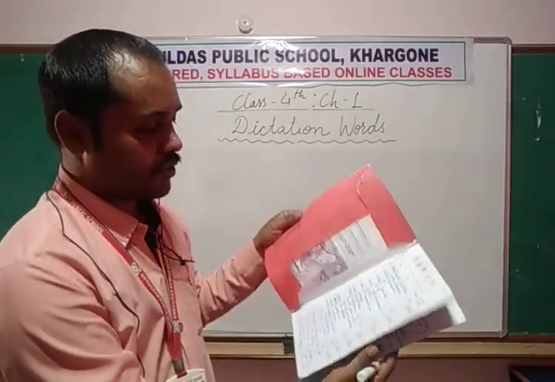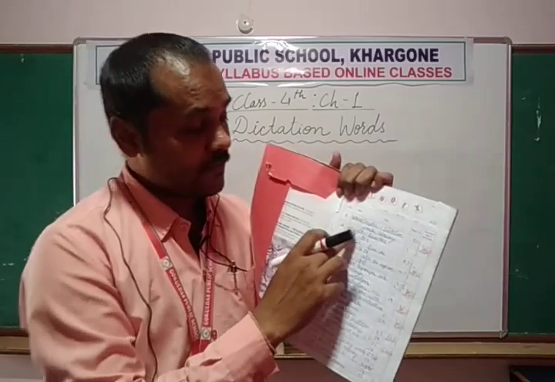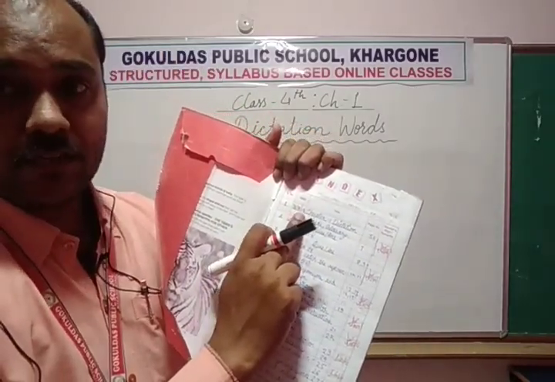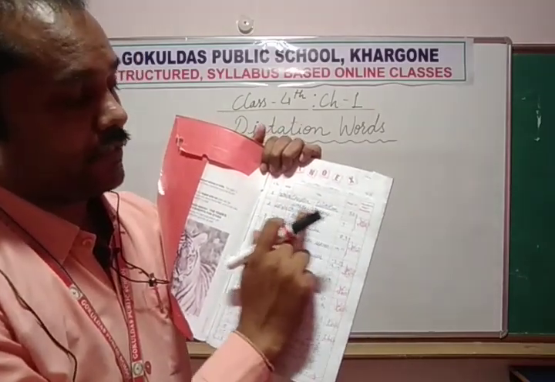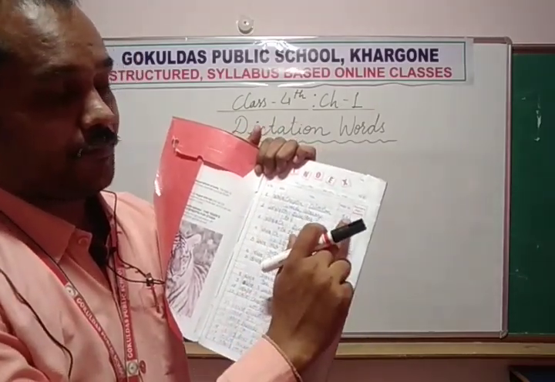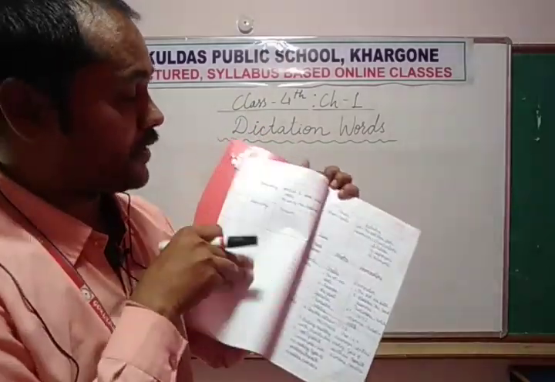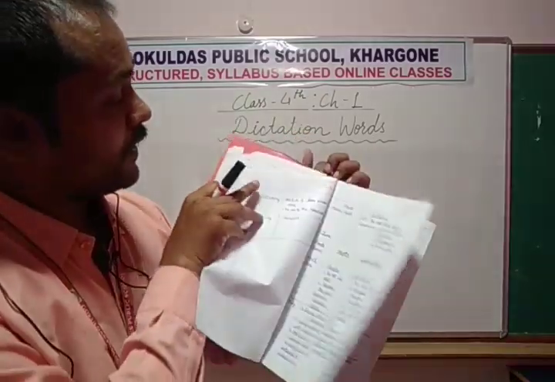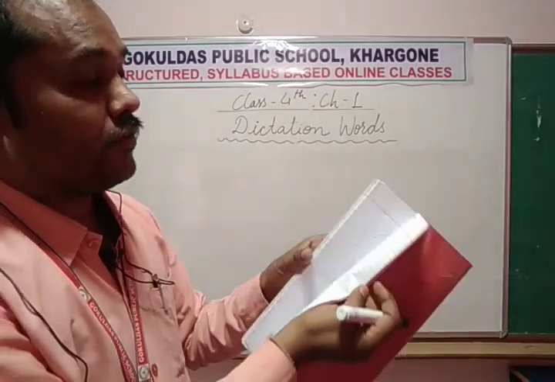So first, in the first part, you will draw the index: serial number 1, date of the starting of the chapter, then chapter number 1, the name of the chapter only, and page number. You will put down the page numbers on each page, from the starting, page number 1, 2, 3, up to the end of the notebook.